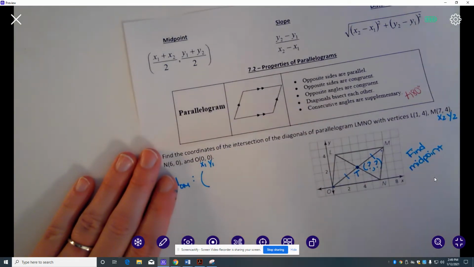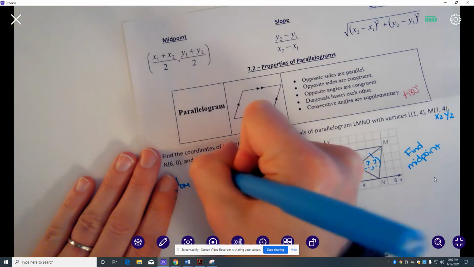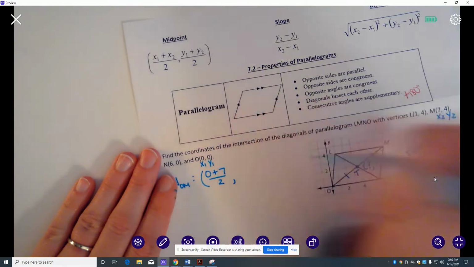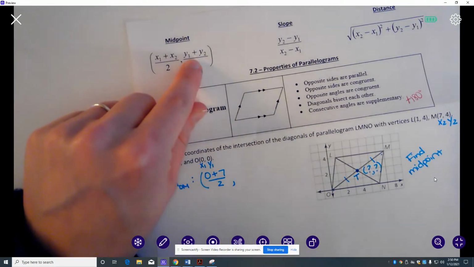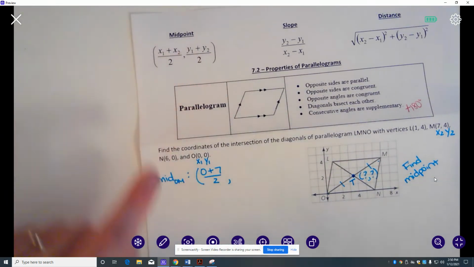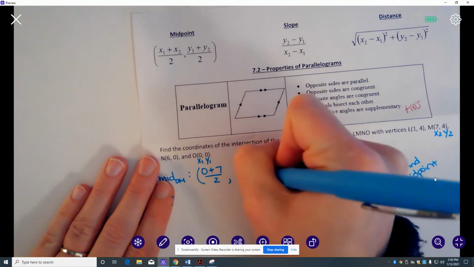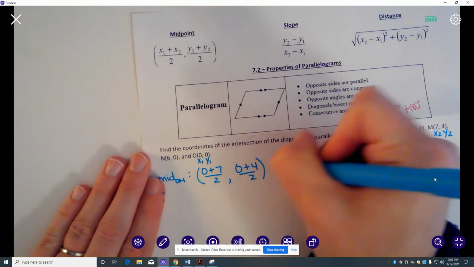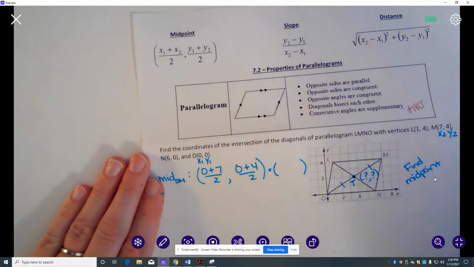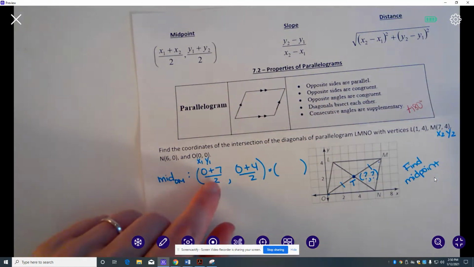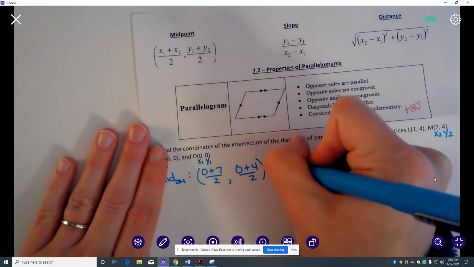So X1 plus X2 divided by 2 will be 0 plus 7 divided by 2. Y1 plus Y2 divided by 2 will be 0 plus 4 divided by 2. Now when I add and divide, I get 7 halves.